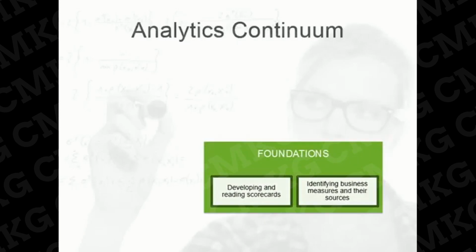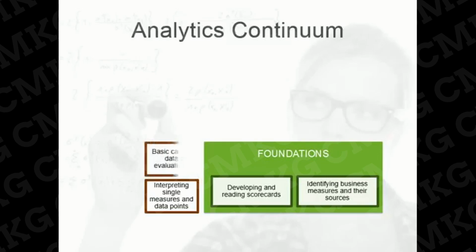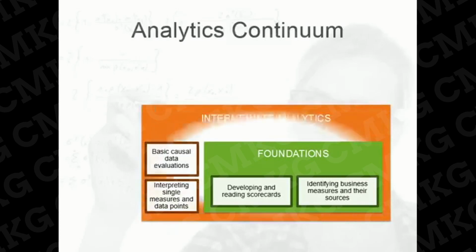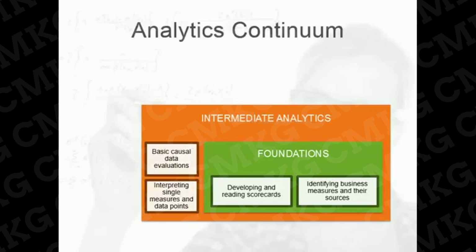These are considered some of the foundations of analytics. You should also be able to interpret single measures and data points, and complete basic causal data evaluations. These are more intermediate analytics. Again, the balance of this training course assumes that you have competencies in these areas.